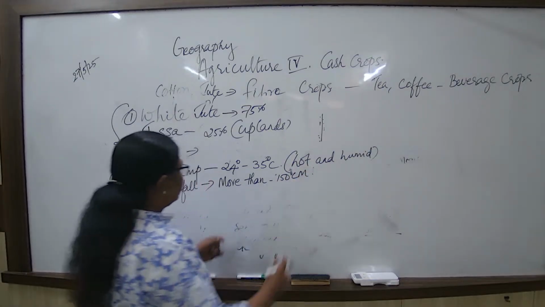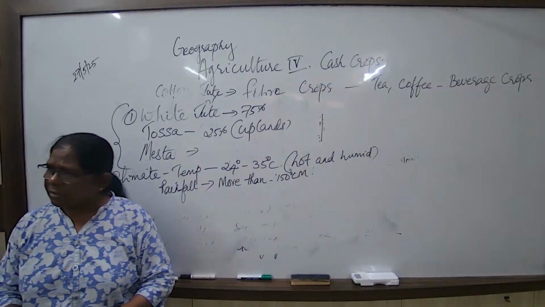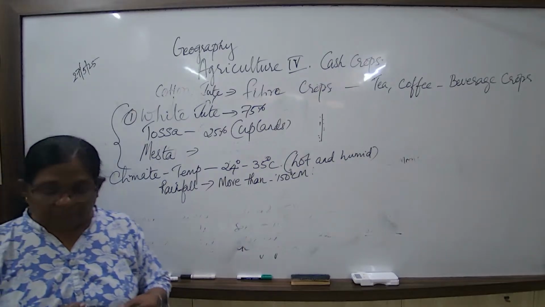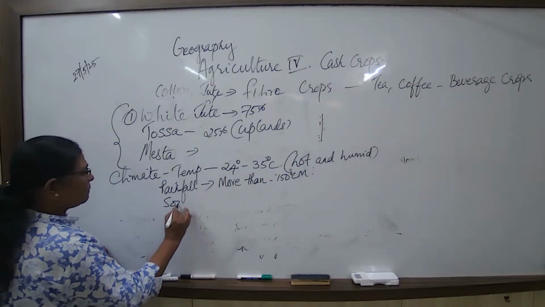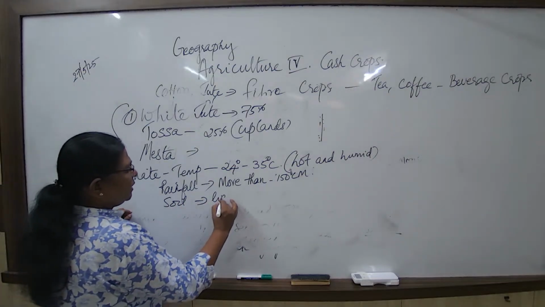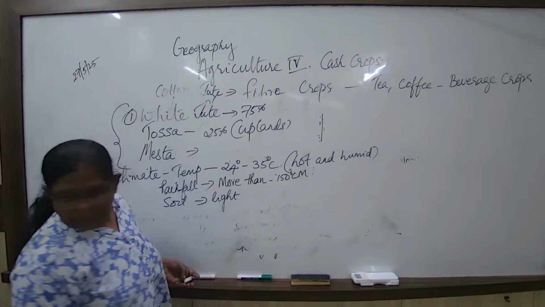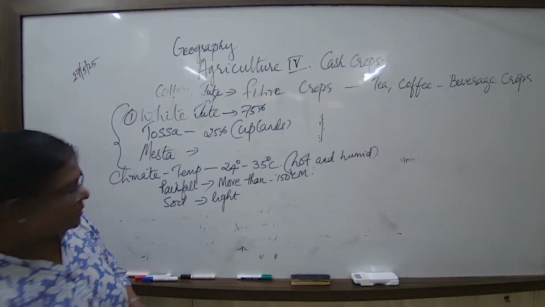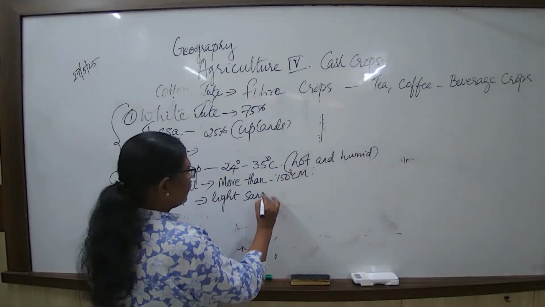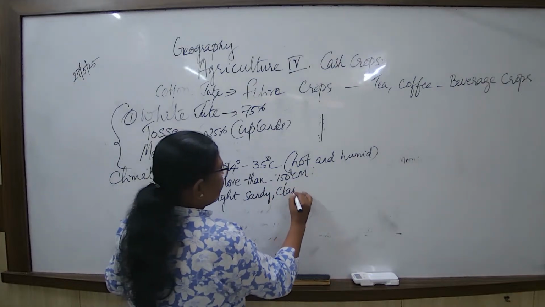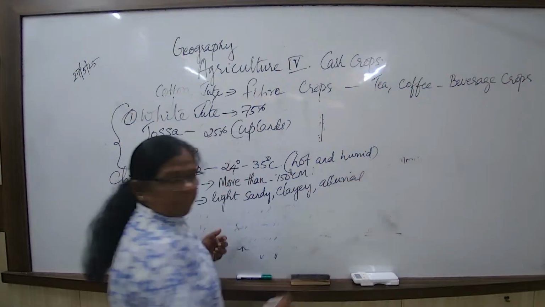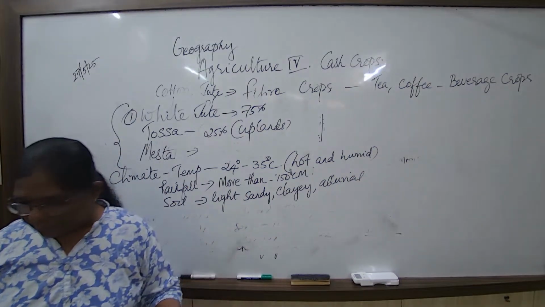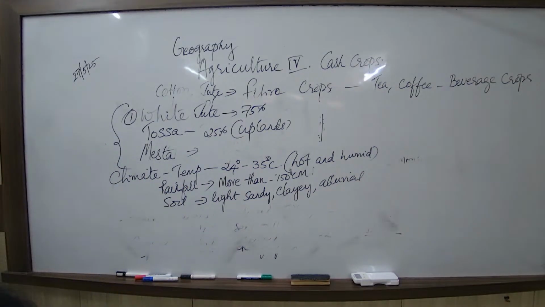So you can say more than 150 annual rainfall. Okay. Then what is the type of soil? Light, alluvium, sandy, clay. These are the types of soils required for its growth.